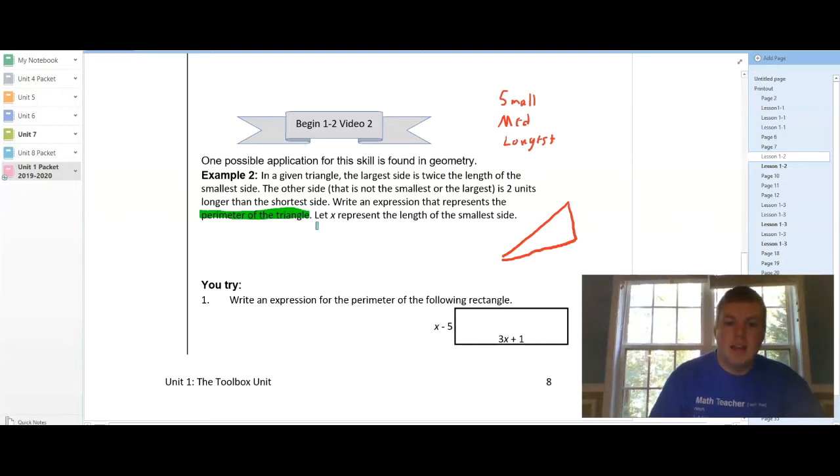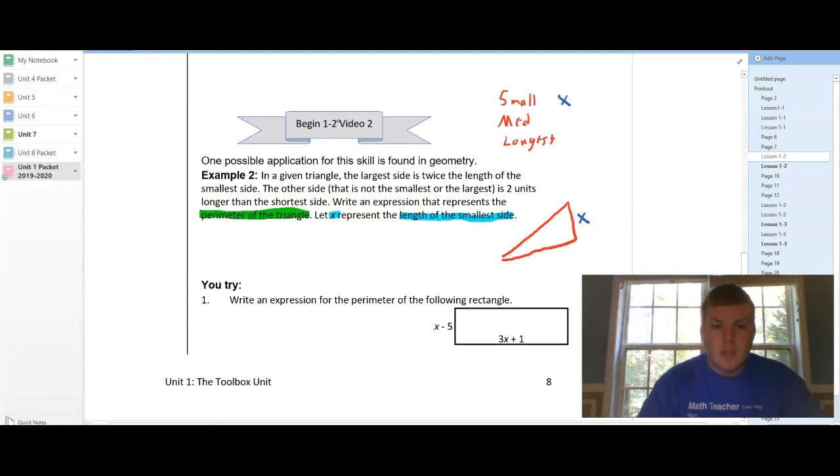It wants us to use x to represent the length of the smallest side. So over here in my brainstorming area, where I have small, I'm just going to put an x. Anytime we're talking about the smallest side, we're going to use x to represent that. I'm also going to label our drawing with that. Our shortest side is labeled x.